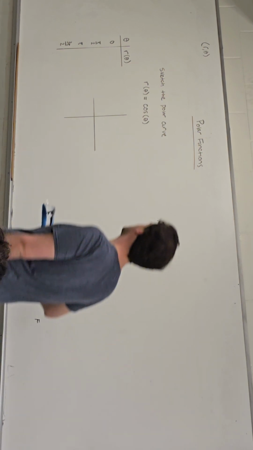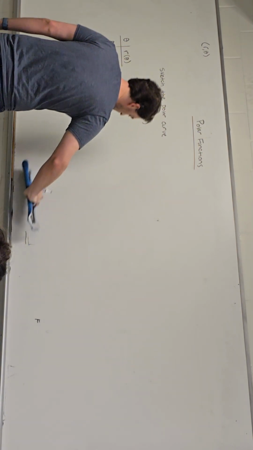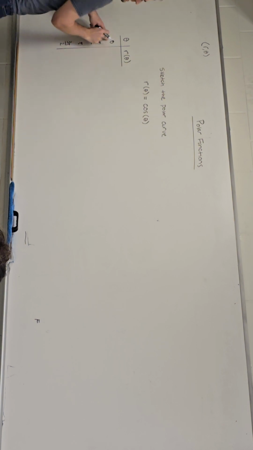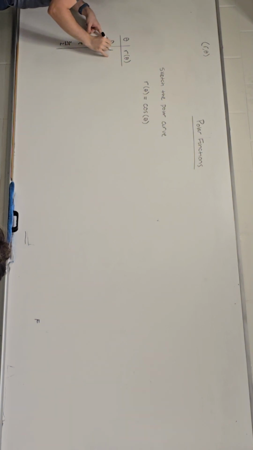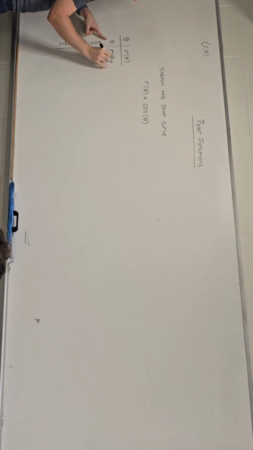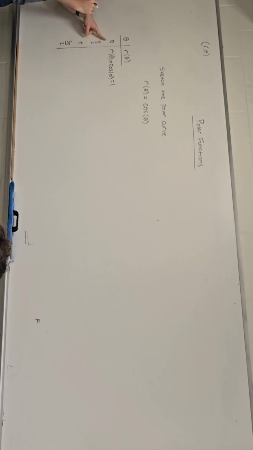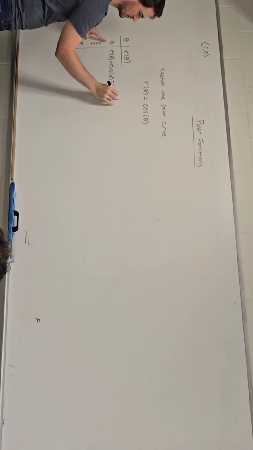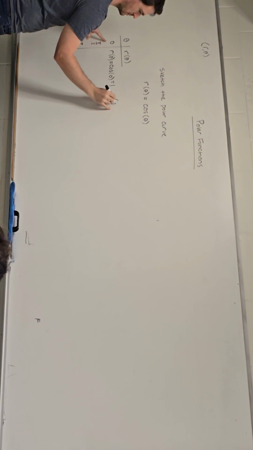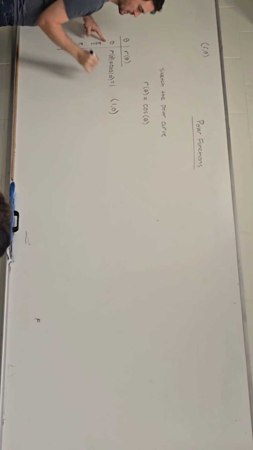So again, theta is now the input. So I can plug this into my function and I get r of 0, which is cosine of 0, and cosine of 0 is 1. So the coordinate is 1 comma 0.